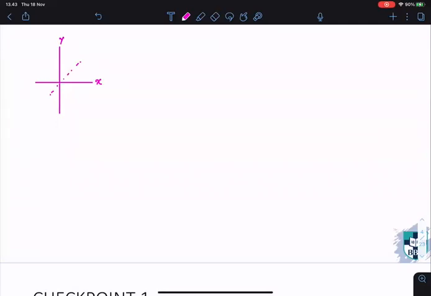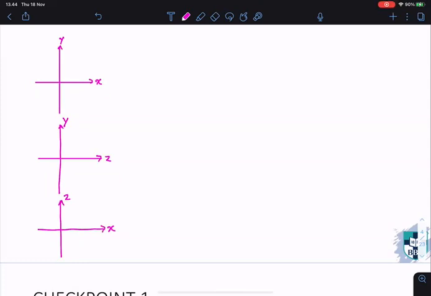Now, if I put a different combination of axes, for example, like this, instead of having y, maybe I put z over here. I can also have another combination, where I put z over here and x over here. I hope you can understand this. There are 3 different combinations that you can have.